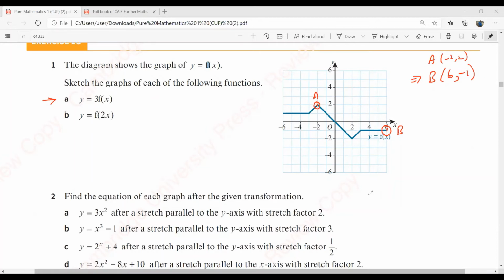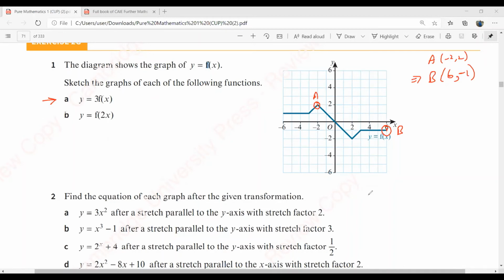Point B, which is (6, -1). In question number 1, part B, it says y equals f(2x). So what would be the coordinates of the image now after this f(2x)? (3, -1). Exactly, God bless you. This is (3, -1) because f(2x) means that the scale factor is half.